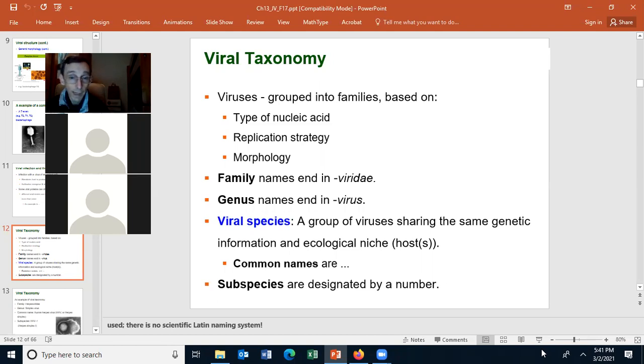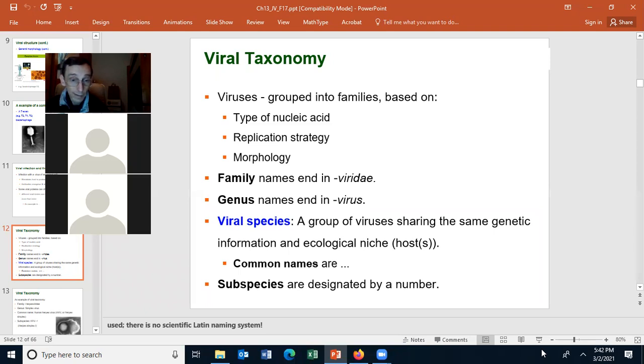All viral families end in the name Viridae. The genus name of a virus ends in the name virus. And then a viral species is a group of viruses sharing the same genetic information and the same ecological niche, meaning they infect the same host cells, like COVID-19 is a viral species. Viruses are further categorized by naming them by their common English name.